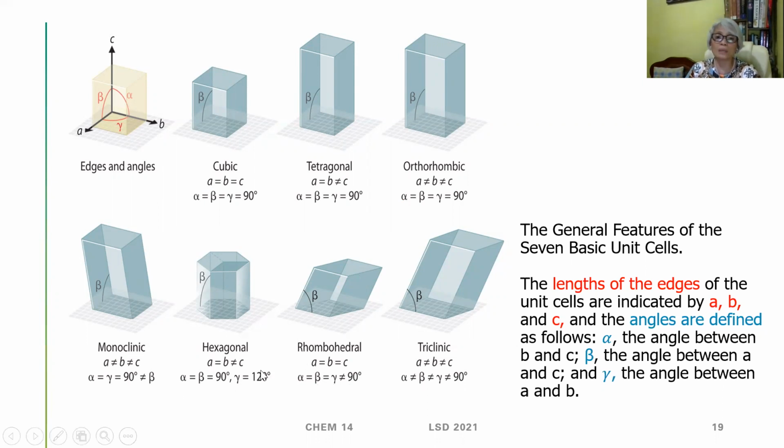So, all acute angles. Sa triclinic naman, all sides are of different measure, iba-iba ang measurement. Tapos, lahat ng angles of intersection, hindi rin pare-pareho and they are not equal to 90 degrees. So, that's a triclinic. Okay?